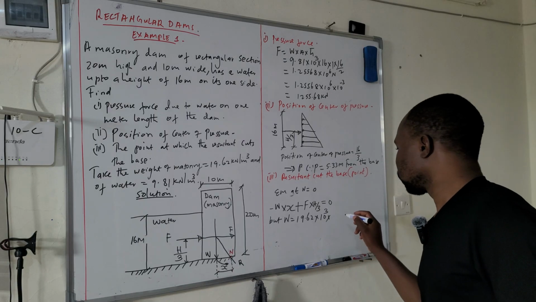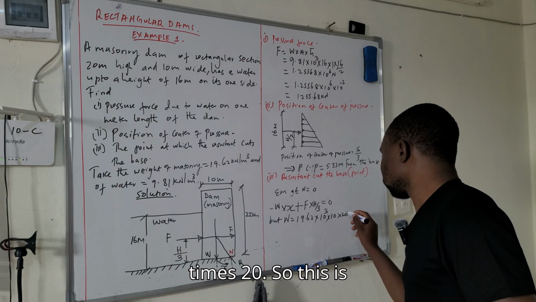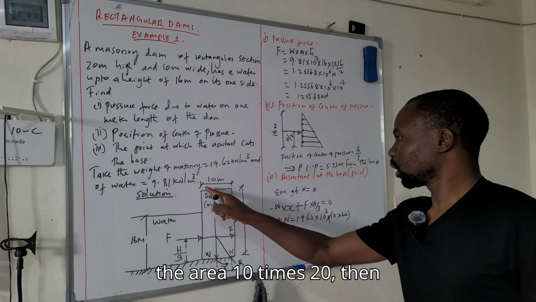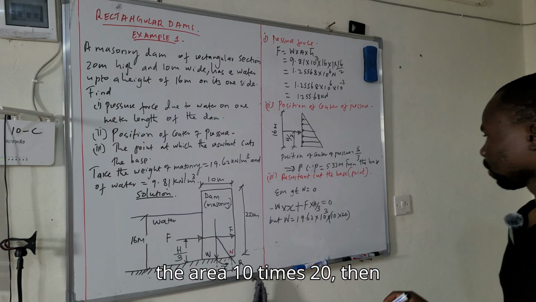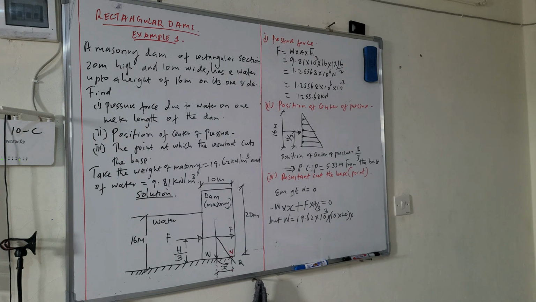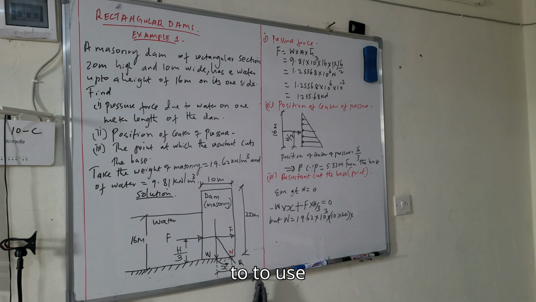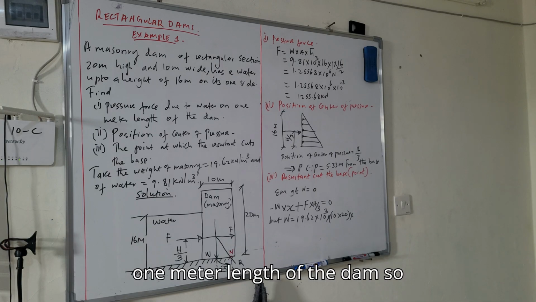Area is 10 times 20. Then times height. Height is 1 meter, because we have been told to use 1 meter length of the dam.